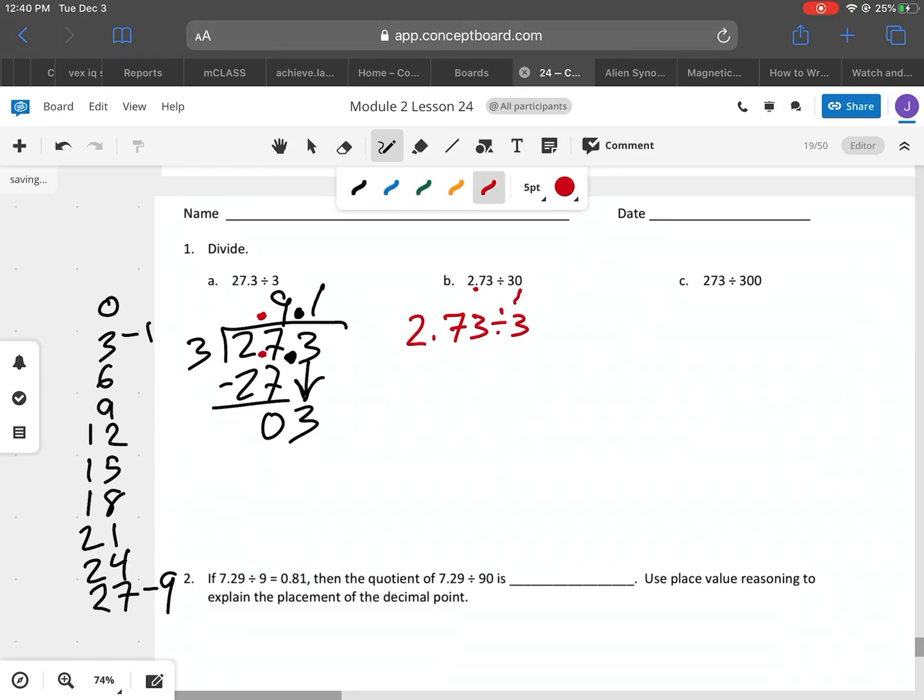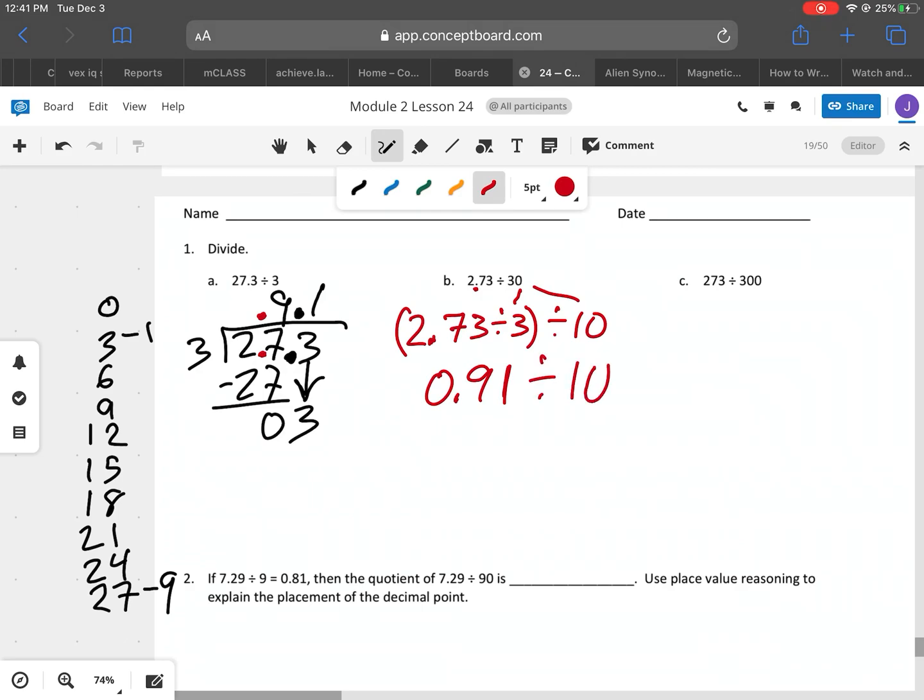I'm pulling apart the 30. So I have 2 and 73 hundredths divided by 3. And then I'm going to divide that by 10. So my answer to this first part, I already showed you, is 91 hundredths.